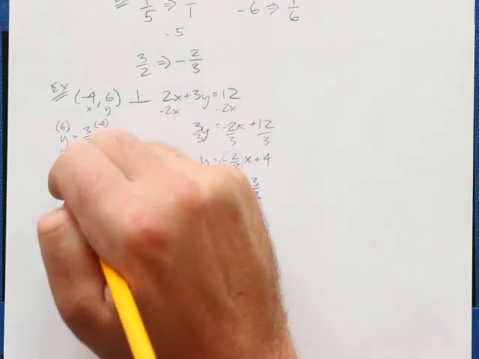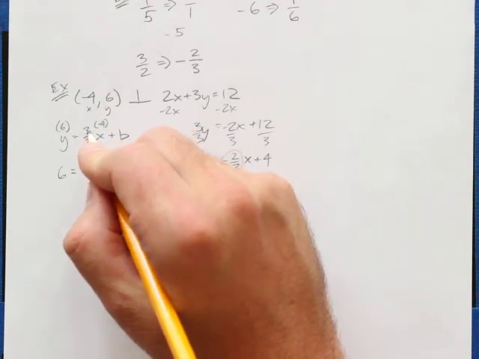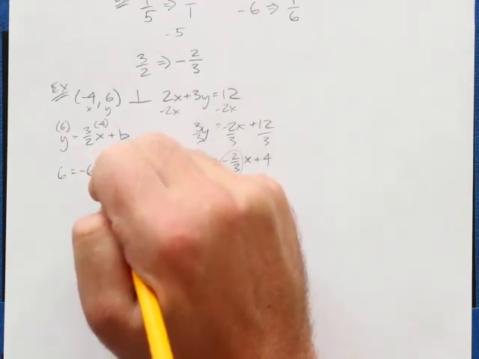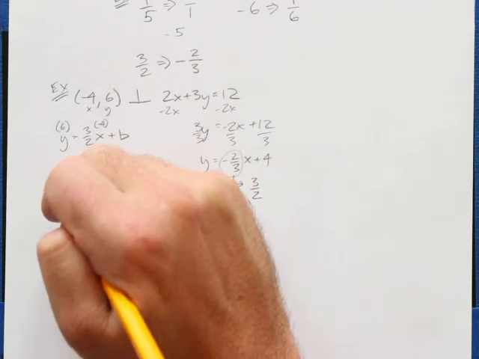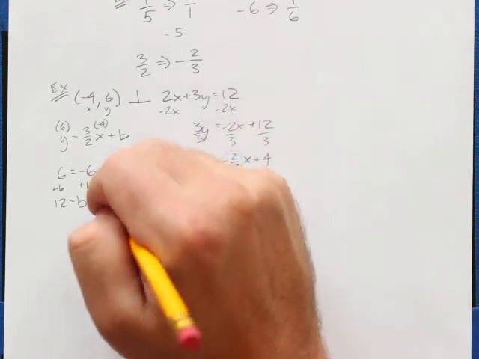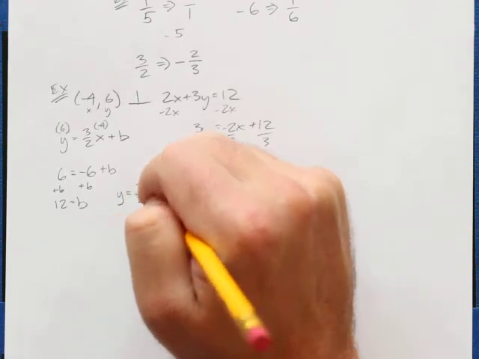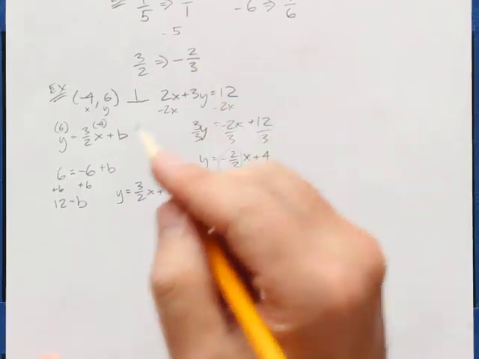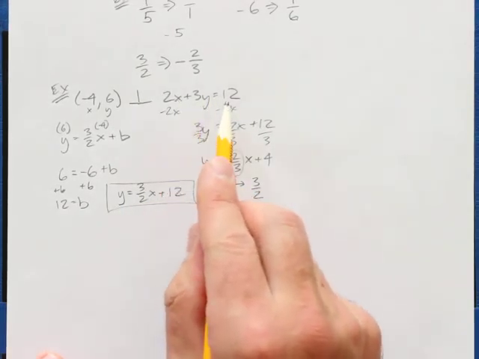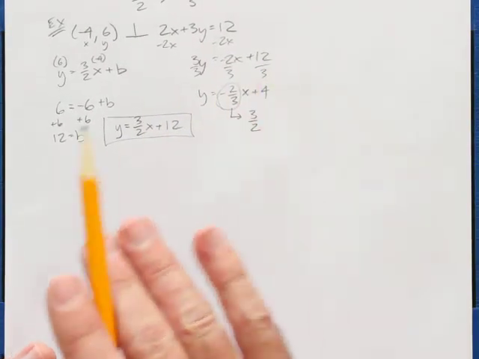So I get 6 equals -4 times 3 is -12. -12 divided by 2 is -6. -6 plus b. Add 6 to both sides. 12 equals b. So my equation is going to be y equals 3/2 x plus 12. And this equation is perpendicular to this equation. Now we could change this back to standard form, but I don't feel like it.